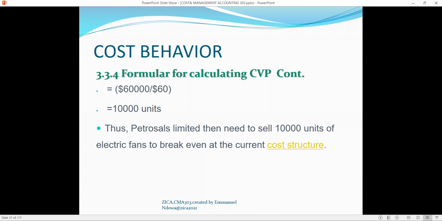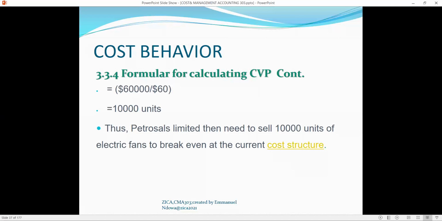So if they are going to produce 10,050 units, they are obviously going to make some profits because the revenue would have been enhanced by the number of units. But if they are going to sell 9,500, they obviously are not going to cover the total cost, which is represented by the fixed cost and the variable cost.